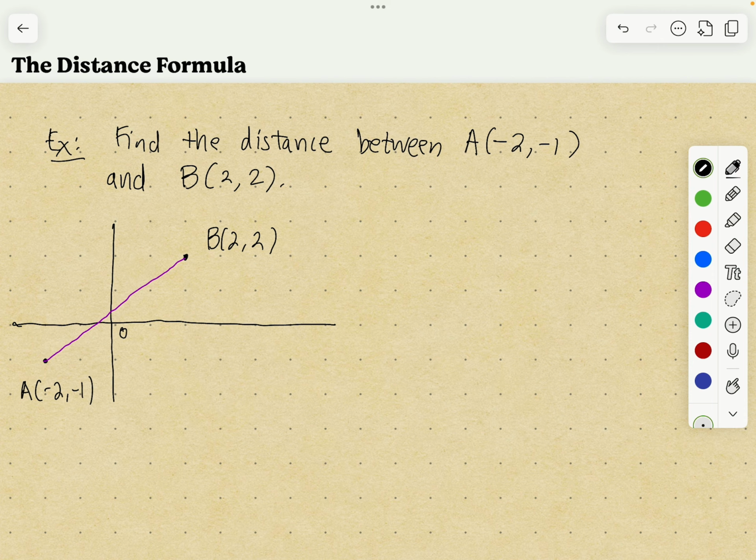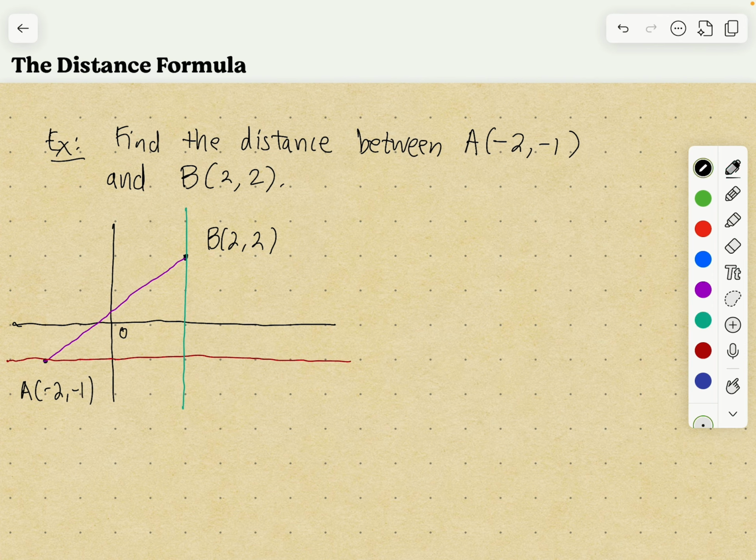Well, the idea is to take my point A and draw a horizontal line through A. And if I take B and draw a vertical line through B, I get this. Now notice, what did I just draw?